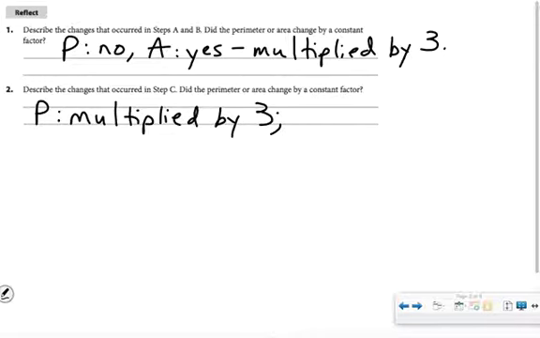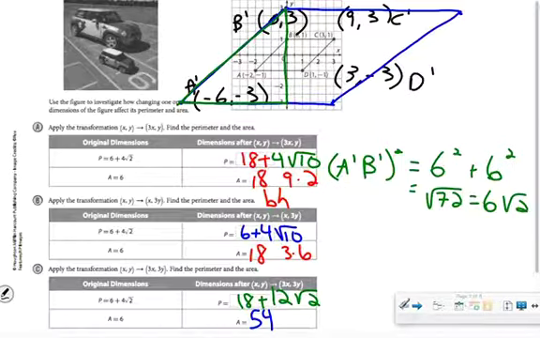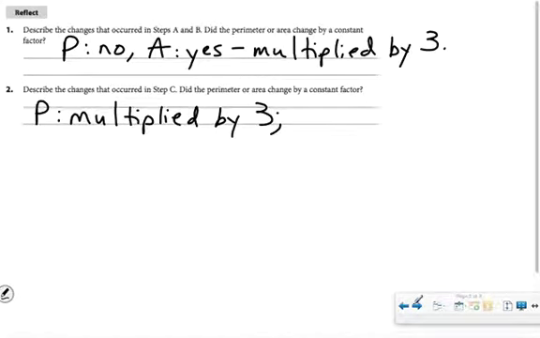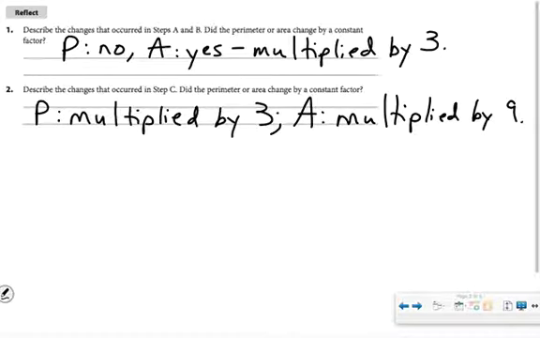And then it says by a common factor, and the word factor implies multiplication. So what did the area get multiplied by? Got multiplied by 9. Okay, whatever that means. We'll talk about that. Area was multiplied by 9.